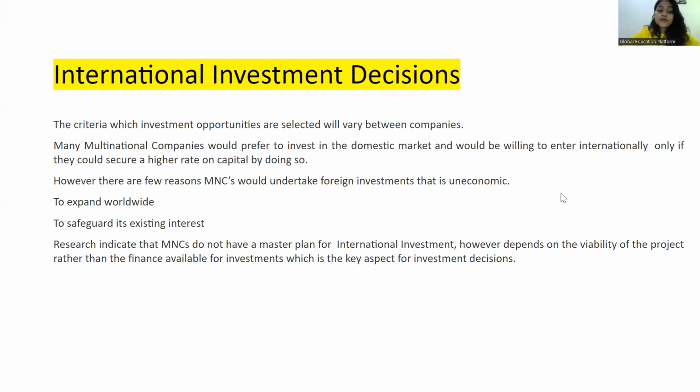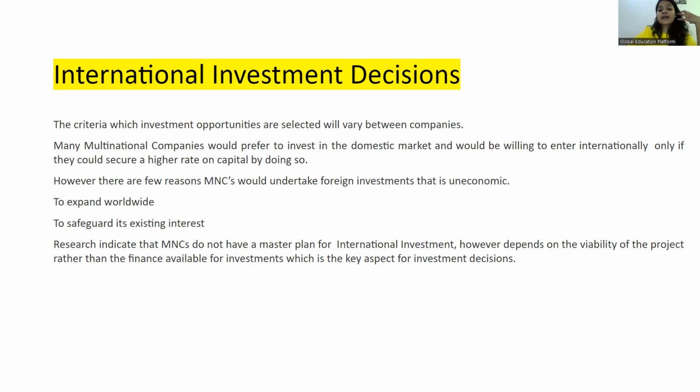However, there are a few reasons why multinational companies would undertake foreign investments that are uneconomic: to expand worldwide, and to safeguard an existing interest. These are the two main elements. To expand worldwide is to establish the brand, because they don't want their brands to stay in the domestic market itself.